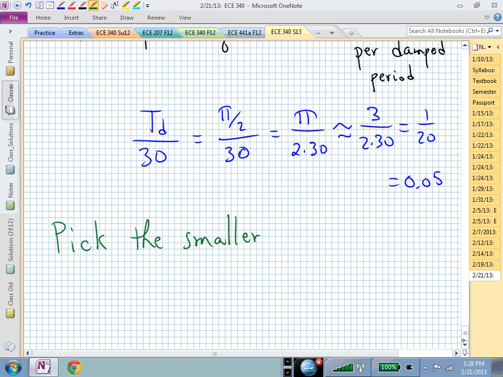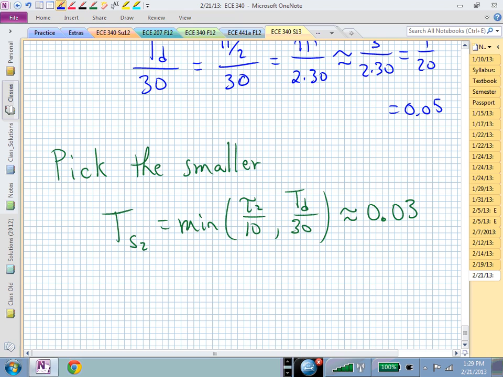So we pick the smaller of, let me say this is now t sub sample sub 2, so we take the minimum of the time constant 1/3 divided by 10, or this damped period t sub d divided by 30, and what did we say that ended up being? We might just call that 0.03. Now if we go back and look, we also have this exponential decay of e to the minus t.